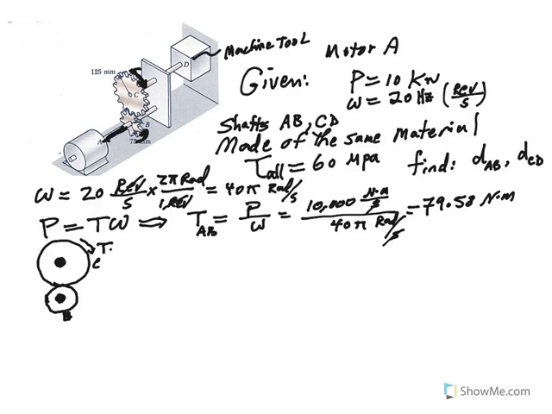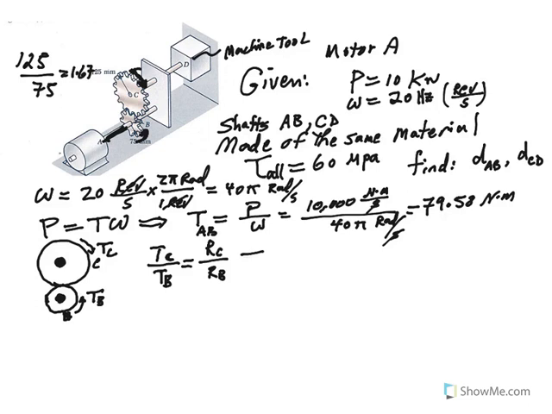The torque acting on gear C is proportional, based on the radii of these gears, to torque B. The formula is very simple: the torque on gear C divided by the torque on gear B is the ratio of the radius of gear C over the radius of gear B, which basically means the larger the gear, the larger the torque acting on it. So the ratio of 125 to 75 is 1.67.